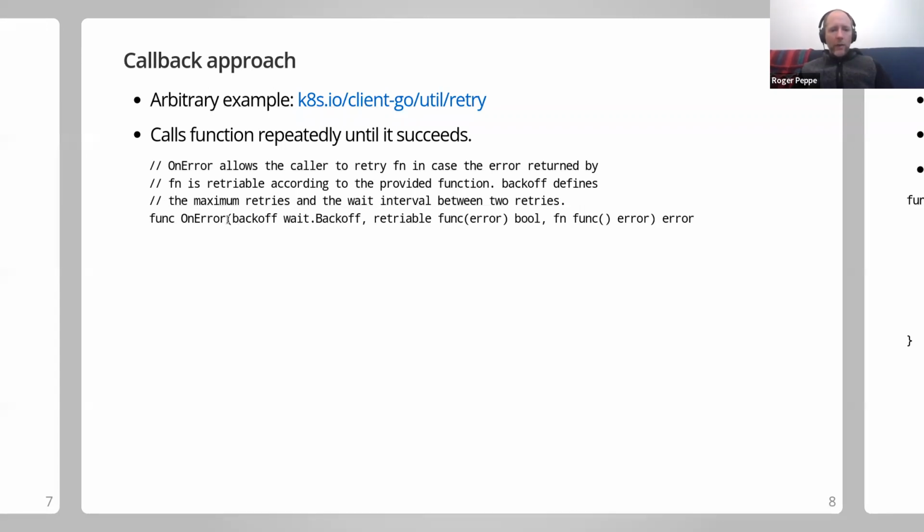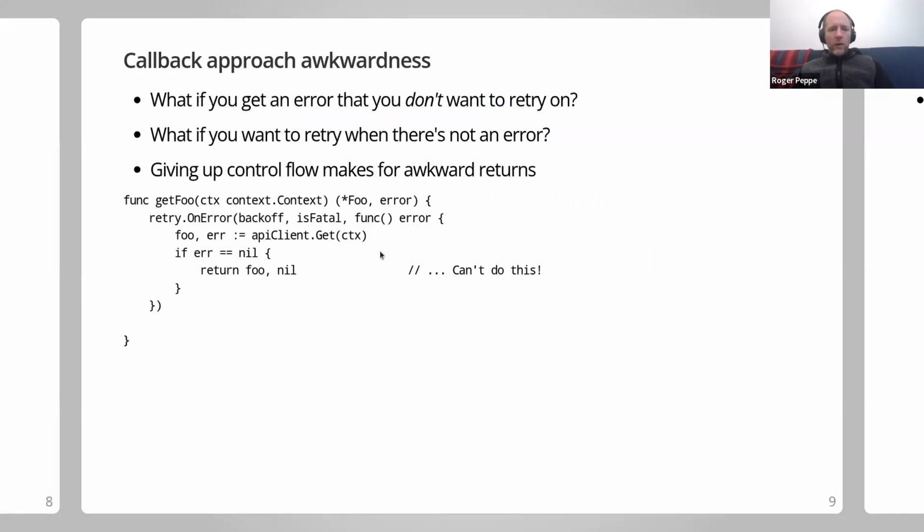Now, I quite like having that as a separate thing, but this kind of idiom is kind of awkward to use, because you end up doing things like this. If you're doing a one-off retry, you're trying to get a value, and you're going to retry something in order to get it. Then you're like, oh, but we're in a callback.